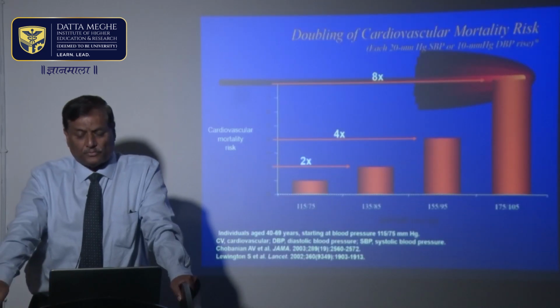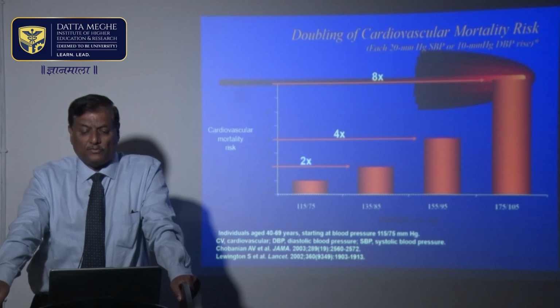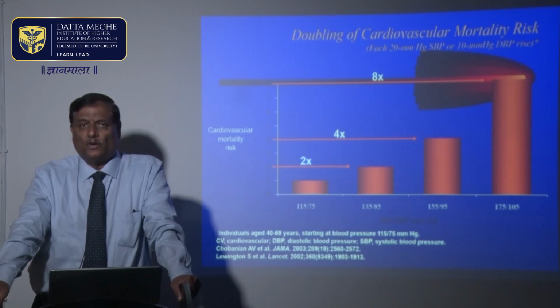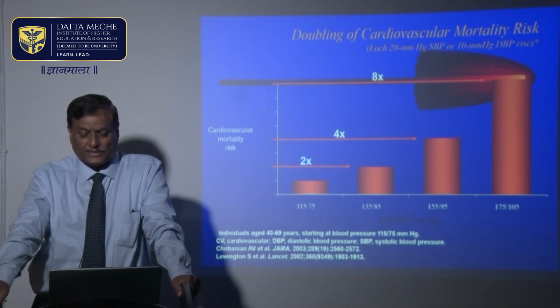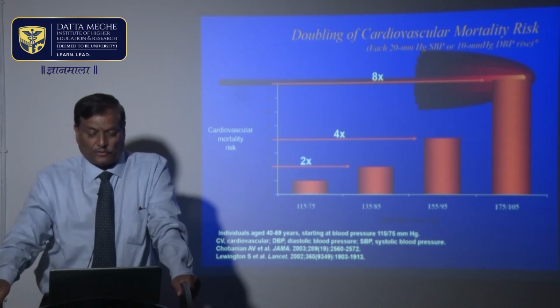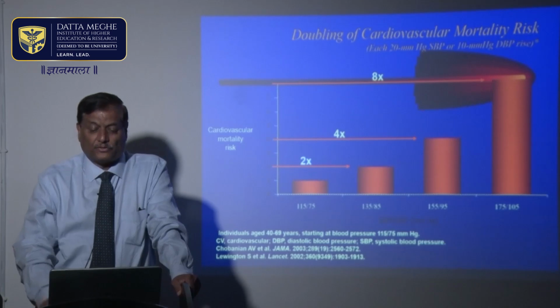And as we all know, there is a doubling of cardiovascular risk of developing a heart attack or paralytic stroke for every 20 millimeters systolic and 10 millimeters diastolic blood pressure increase.